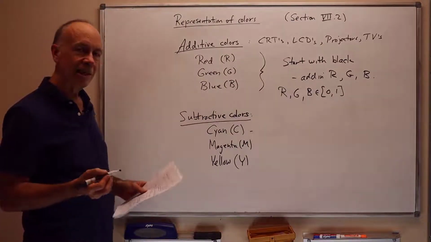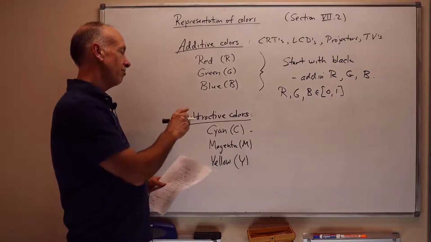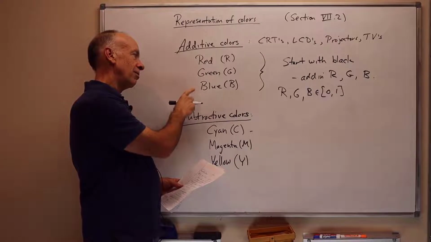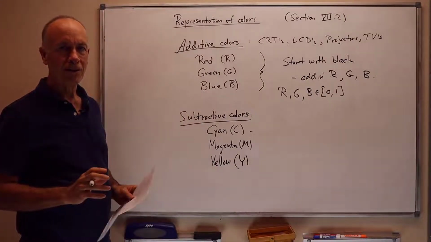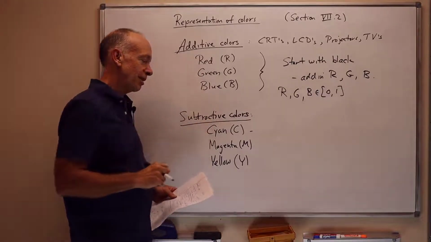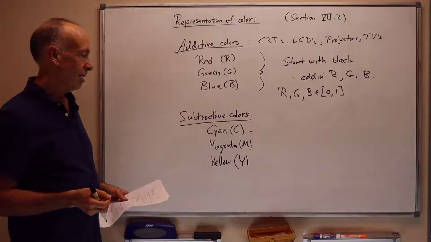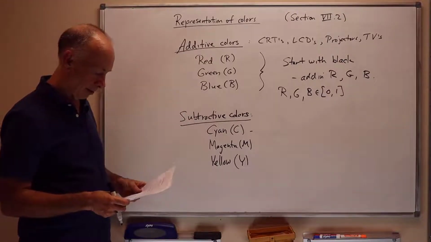If someone asked you what color that is, you'd probably say blue, but it's a light blue, rather different than the blue in the additive colors. The blue in the additive colors is a very dark blue, maybe almost purplish. Cyan, I think of as a light blue.